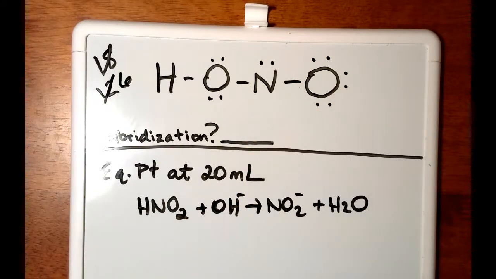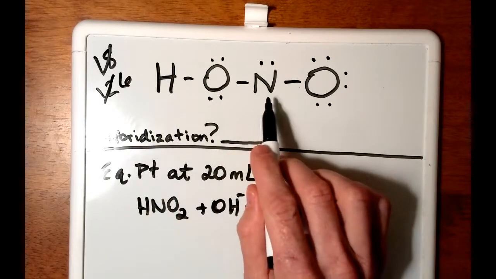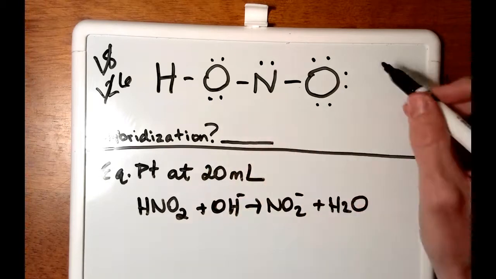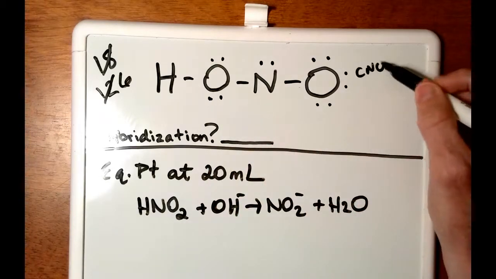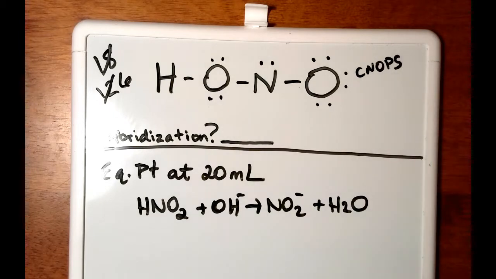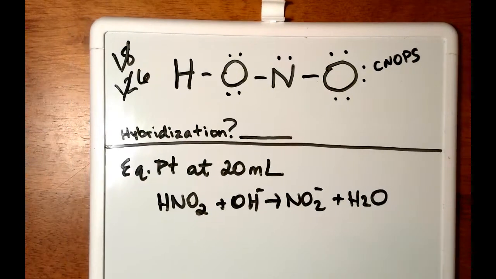So that is 18 electrons, but the nitrogen does not have an octet when we check to make sure that everybody's happy. And when we look at CNOPs, which isn't perfect, there are other elements that can double or triple bond, but CNOPs, these are the 5 elements that most commonly double or triple bond with each other.